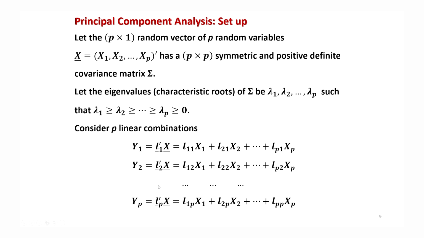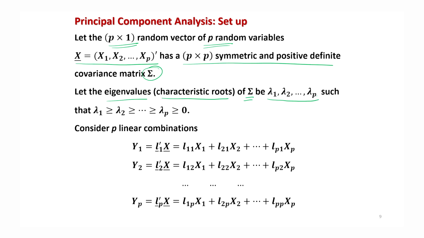So now let me try to explain it in a slightly more mathematical way. Suppose this random vector X is of order p cross 1 and has p variables, and it has a p cross p symmetric positive definite covariance matrix sigma. Now suppose the eigenvalues, or characteristic roots, which are the same thing, of this sigma matrix are lambda 1, lambda 2, ..., lambda p.